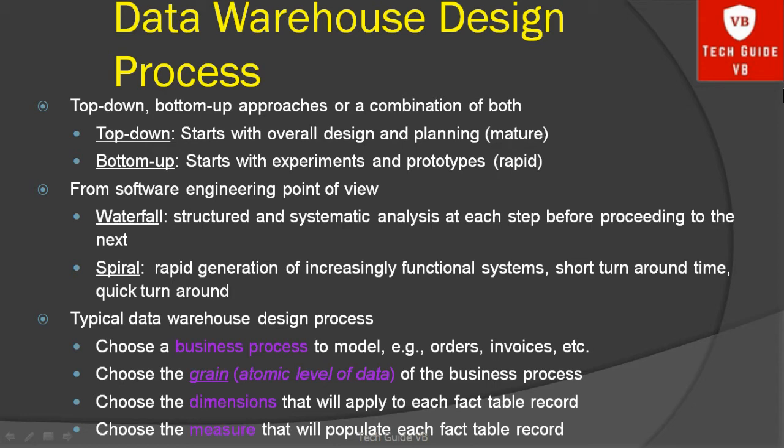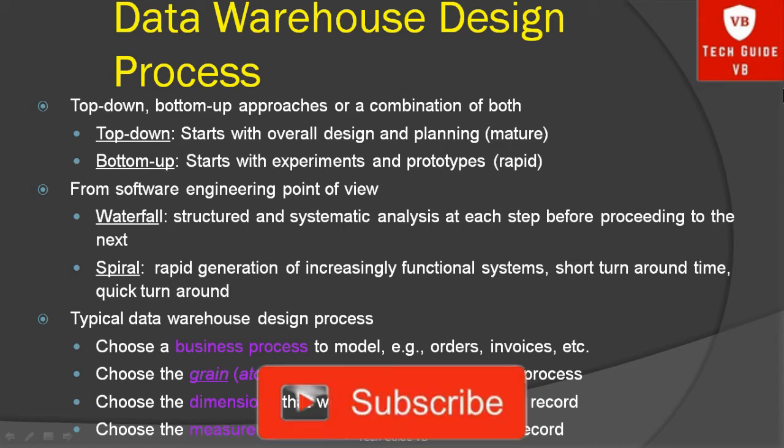Then number two, choose the grain, the atomic level of data of the business process. The next step is choosing the grain, that is the level of data. Then number three, choose the dimensions that will apply to each fact table record. Then we have to choose the dimensions according to our fact table record.